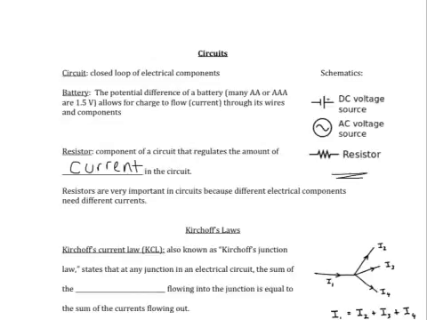And resistors are very important in circuits because different electrical components need different currents. So the resistor does exactly what it sounds. It allows for this resistance to be present in the circuit. And if a specific electrical appliance doesn't need a whole lot of current running through it to function, the resistance might be high or it might be low, again, just depending on what it needs.